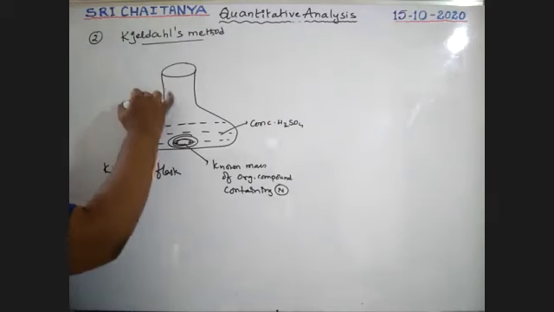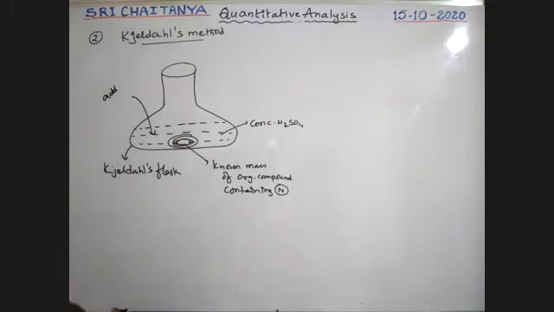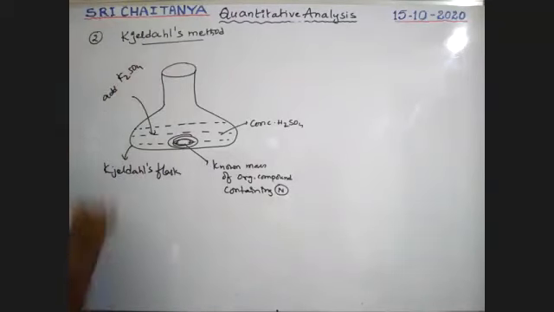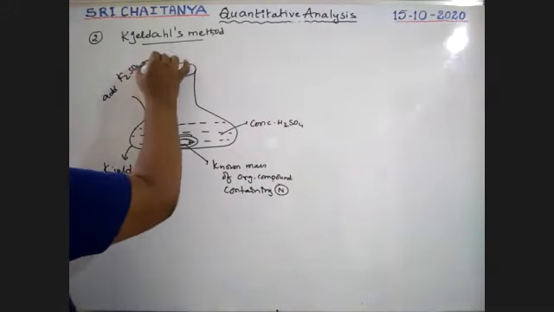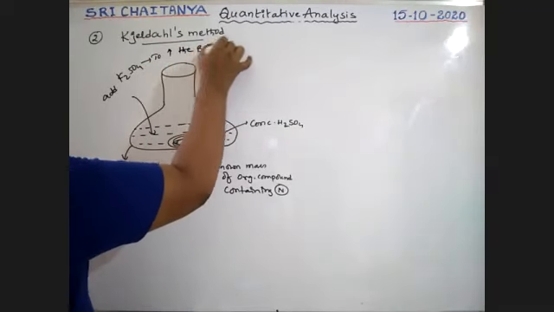In this mixture, also add K2SO4, potassium sulfate salt. For what purpose, sir? To increase the boiling point of H2SO4.